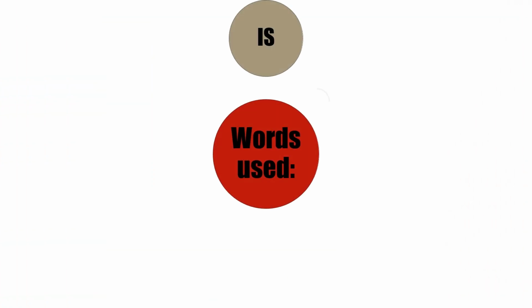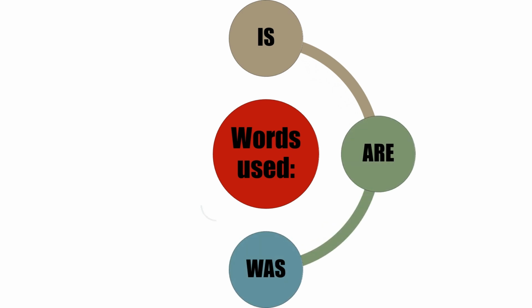We use words such as is and are in present tense, and was and were in past tense. These are the words that you usually use when you compare these two things. Let us continue with example number one.